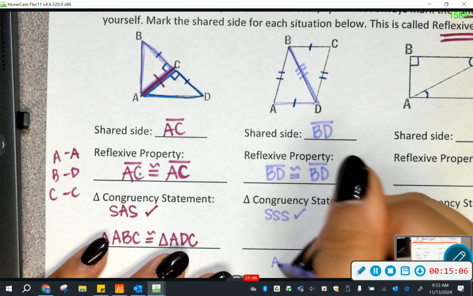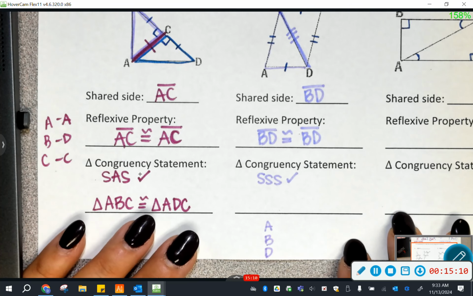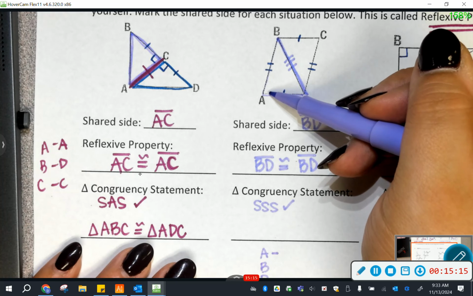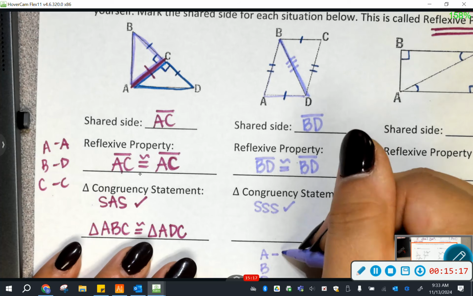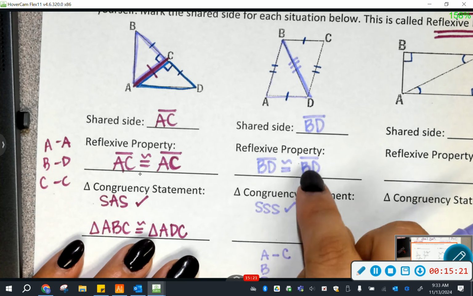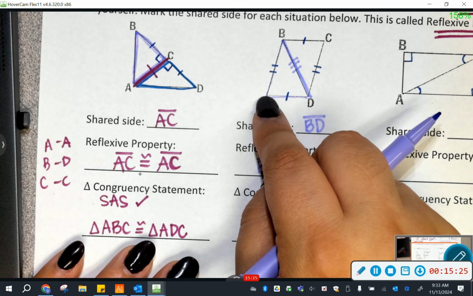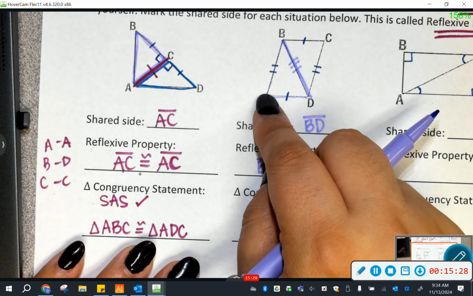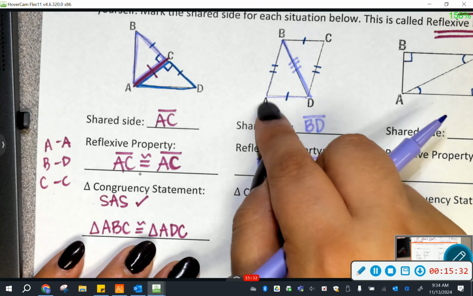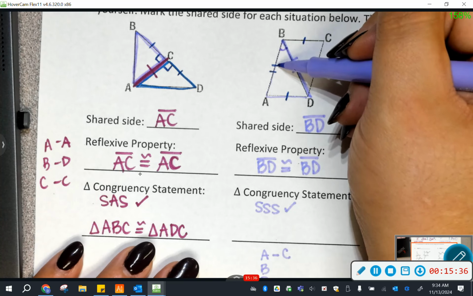letters. I have A, B, and D. What is going to be the same as A right here? C. Be careful. What's going to be the same as B? B is not the answer. There's no E. A, B, do y'all agree B right here has 2 tick marks?